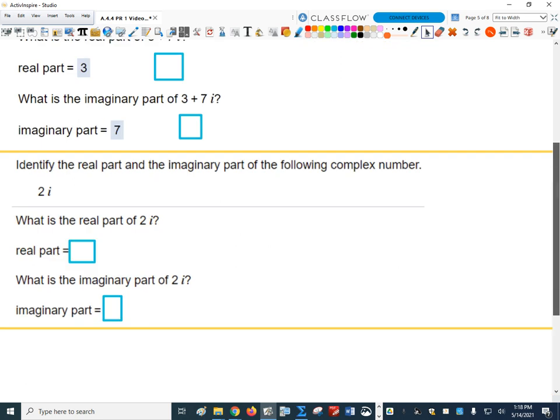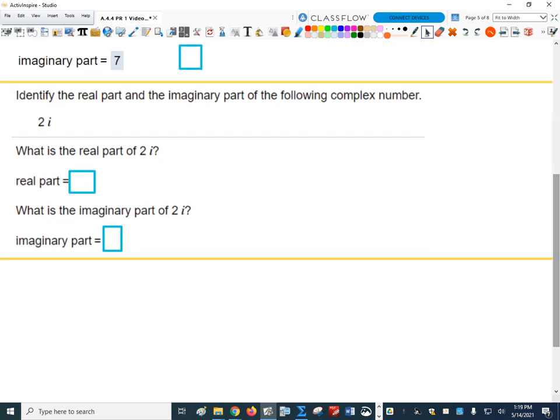Okay, how about for this one? What's the real part? 0. Yeah, it's 0, right? It's like 0 plus 2i. And the imaginary part? 2. Okay, let's do one other one. How about if I do something like -4?